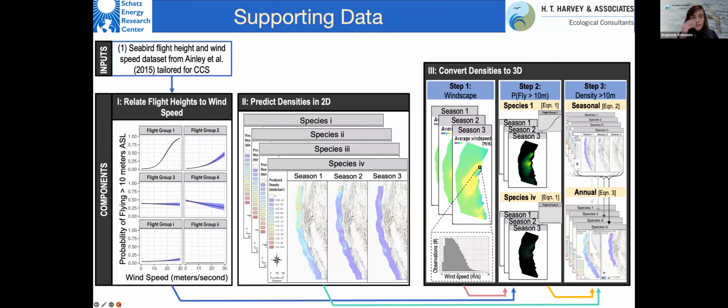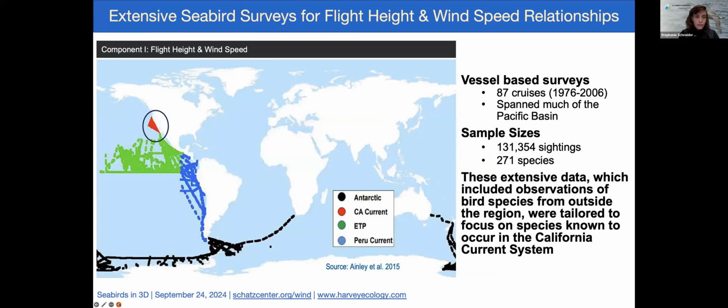Next slide. For component 1, we relied on an extensive data set collected between 1976 and 2006. Next slide, please. The comprehensive database supporting our analysis of seabird flight height in relation to wind speed reflects a tremendous effort. So this is a map of all the data.